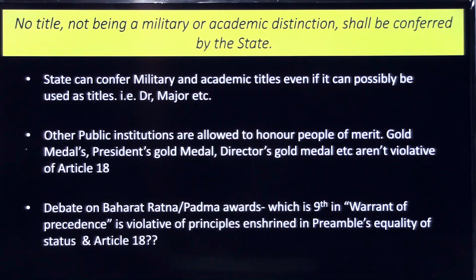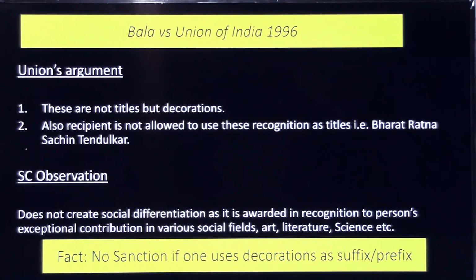When this came into the Supreme Court in 1996, the Union's first argument was that these are not titles but decorations. You need to know the difference between titles, decorations and honors, as there are different categories in which these awards can be put. The Union's argument was that these are not titles, which would be violative of Article 18.